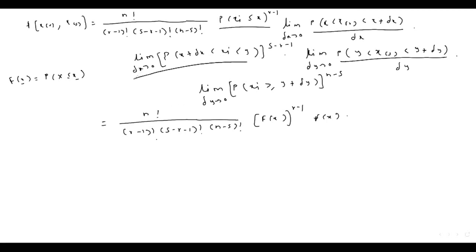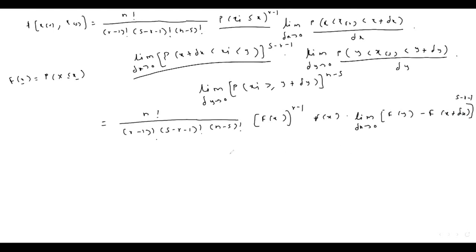Again, this probability can be written by using the law of distribution function as limit delta x tends to 0 of F of y minus F of x plus delta x, by using the properties of the distribution function, raised to power s minus r minus 1 as it is.